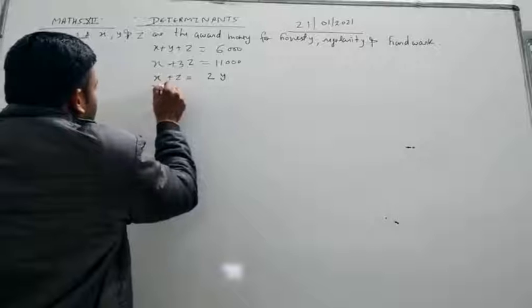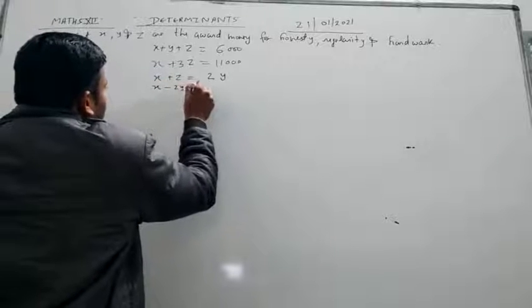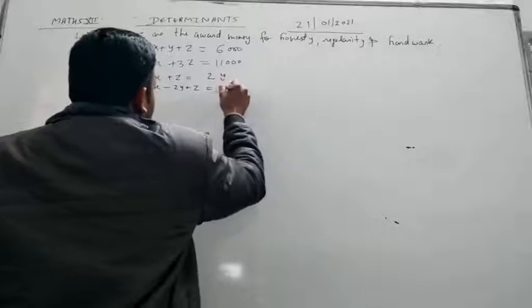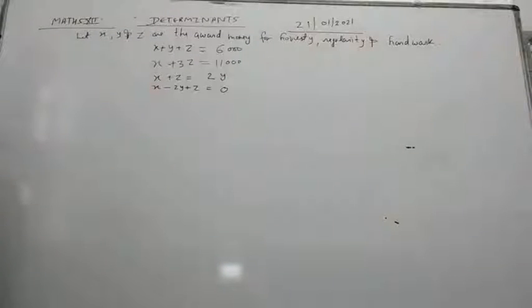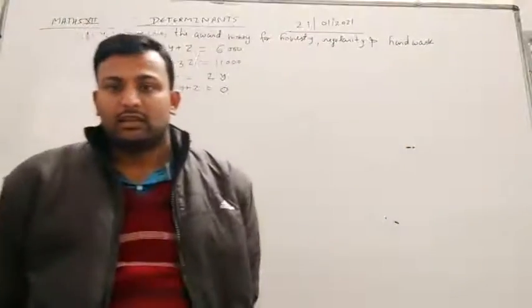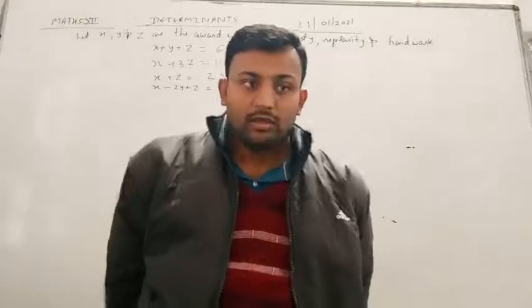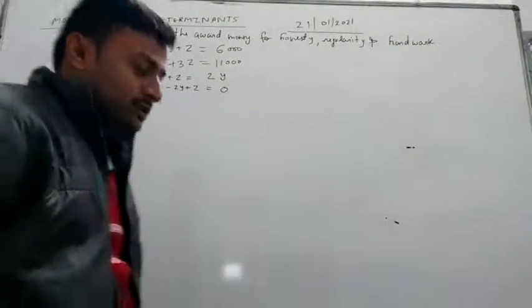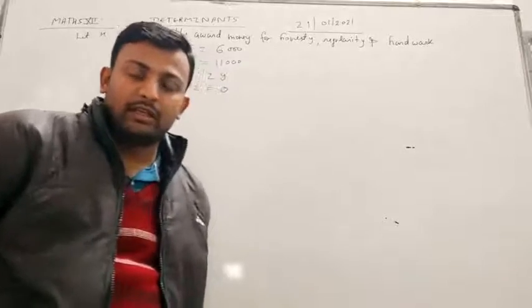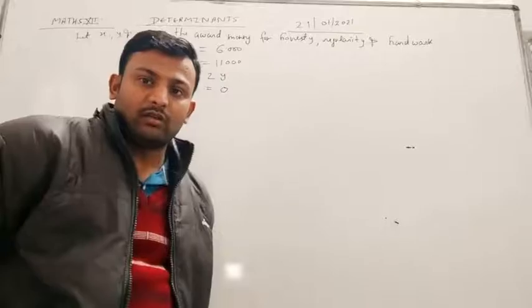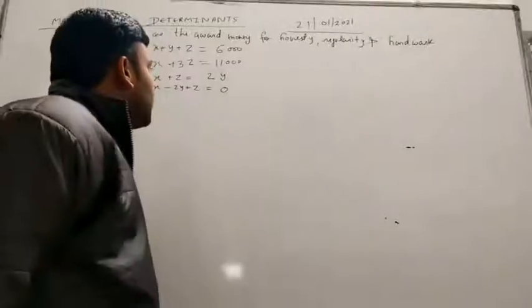So this condition will be changed into a form like this, and it will be equal to 0. So there are 3 conditions, students, which we are given, and we have formulated them in algebraic form. And now we have to solve this using the matrix method and find out the value of each award, meaning X, Y, Z.